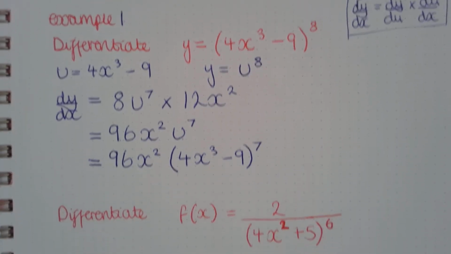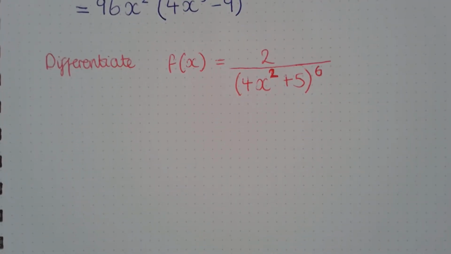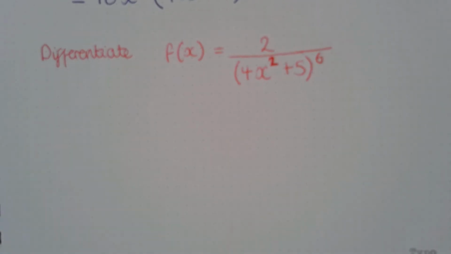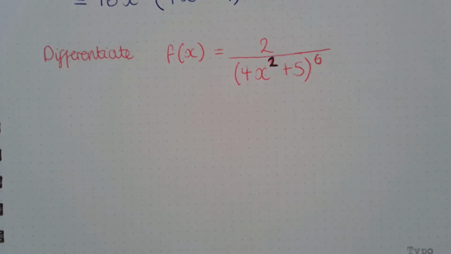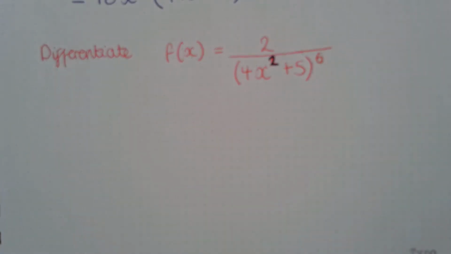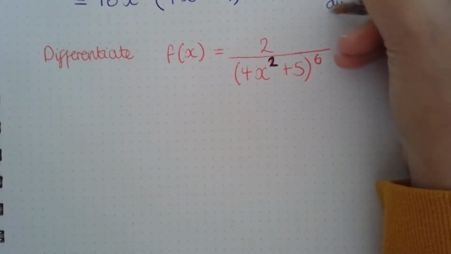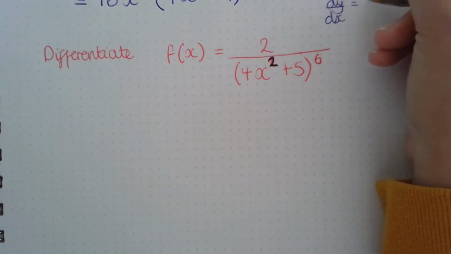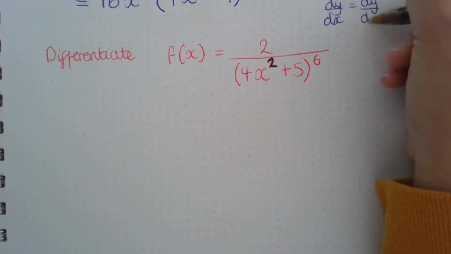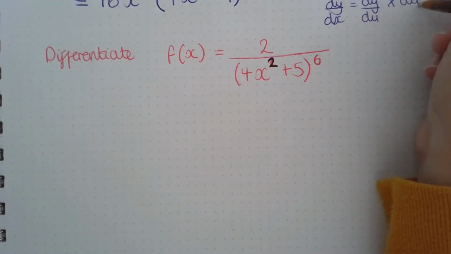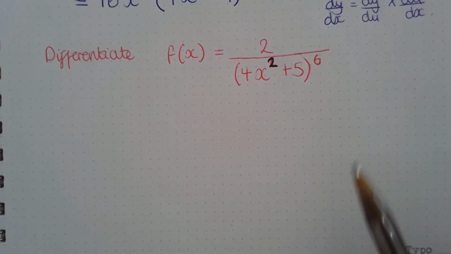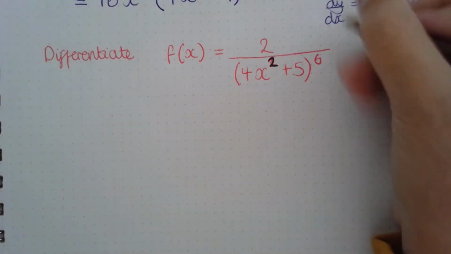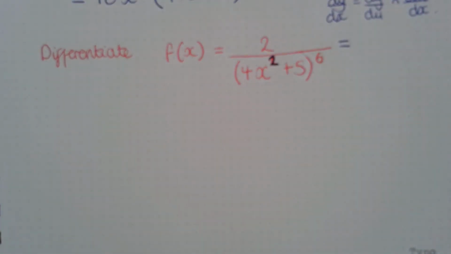And the last example that we're going to go through is this one. Okay, so we've obviously got to do something first. I'm going to write down what we use just in case, but we should start to become a bit happier with this. I'm not going to prove it on the video, we will do it when you come back to school. So I need to rearrange this into the correct form first of all.